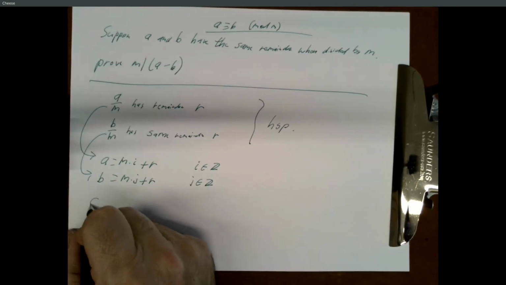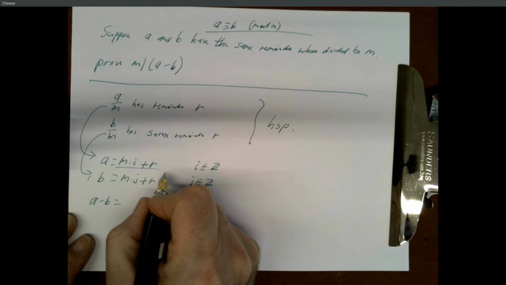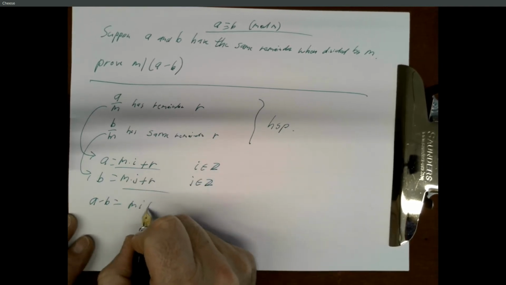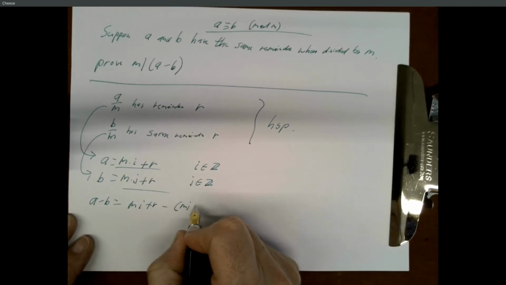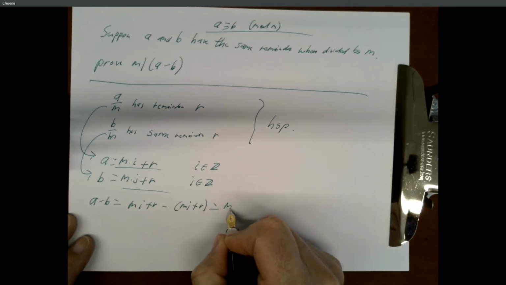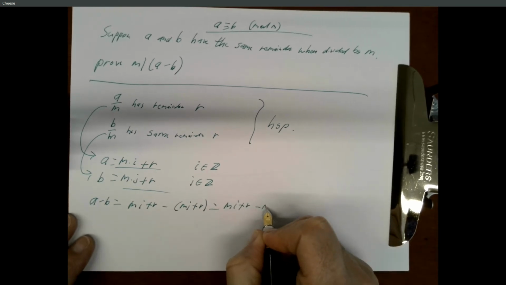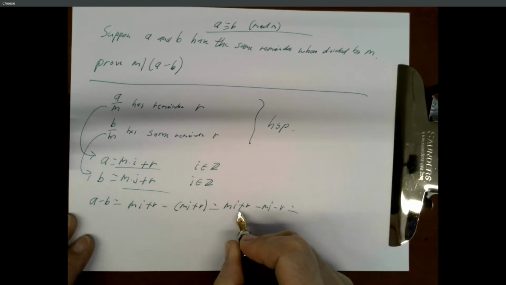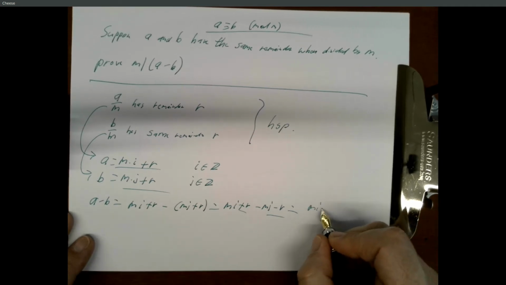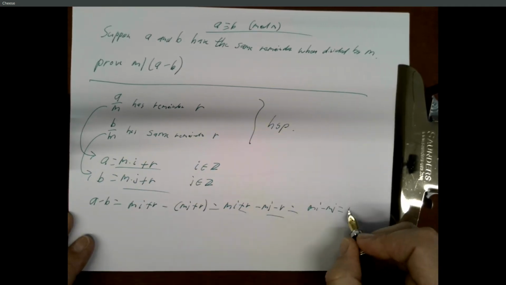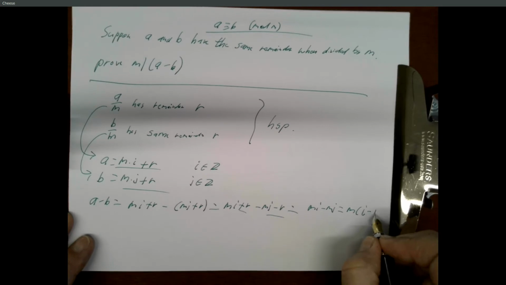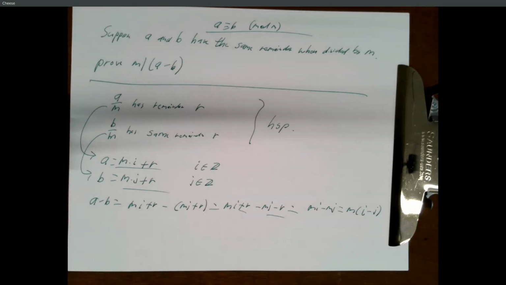And now if I write a minus b using these expressions, that's mi plus r minus mj plus r. And the r's cancel, so this is just mi minus mj, which is m times i minus j. So that's all algebra.